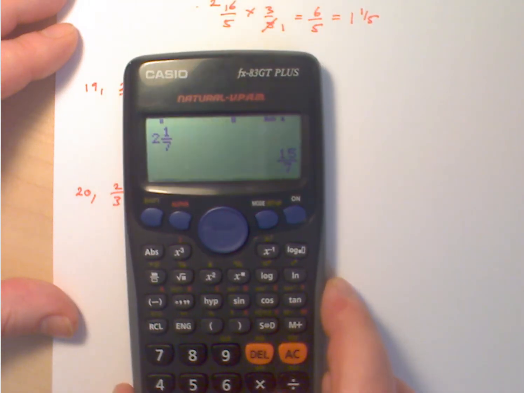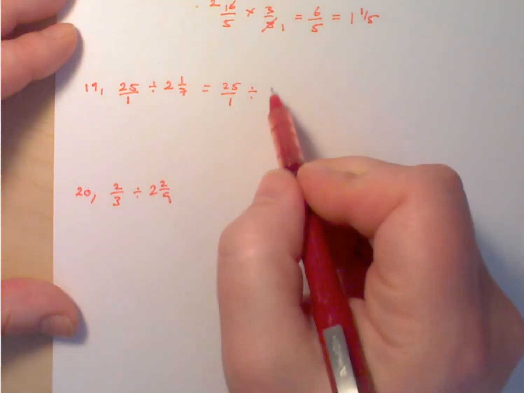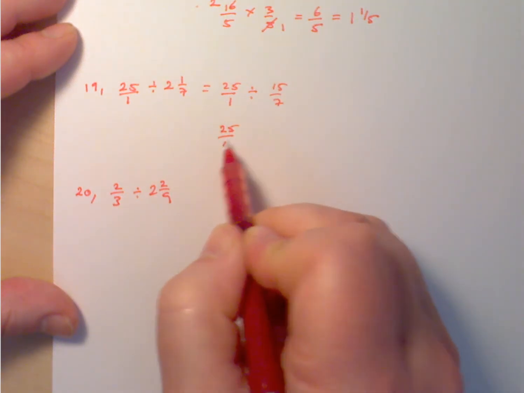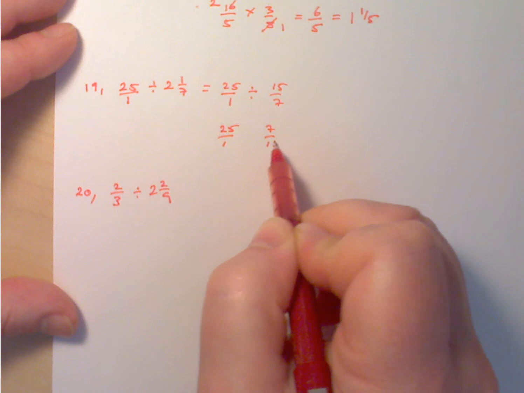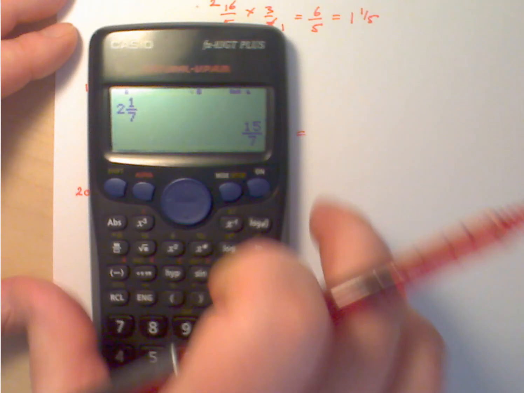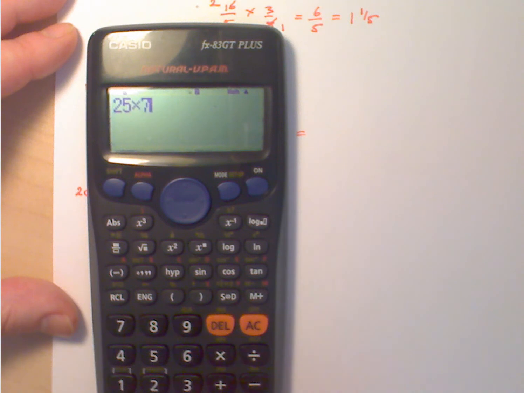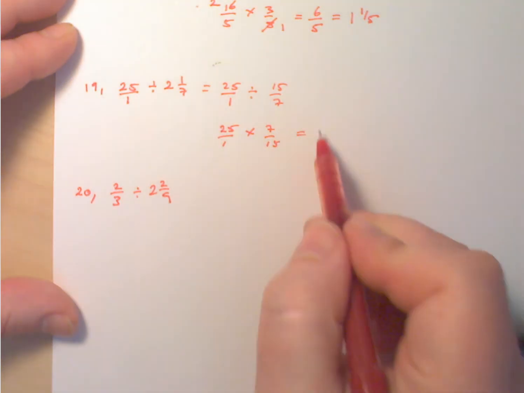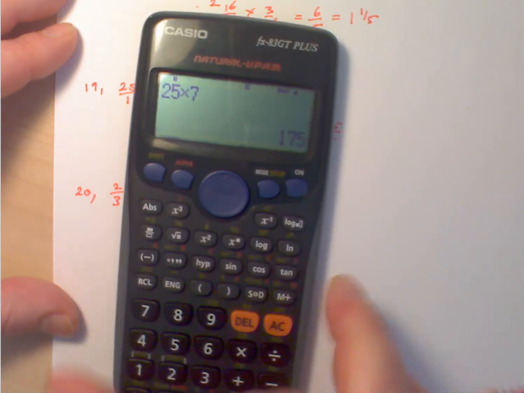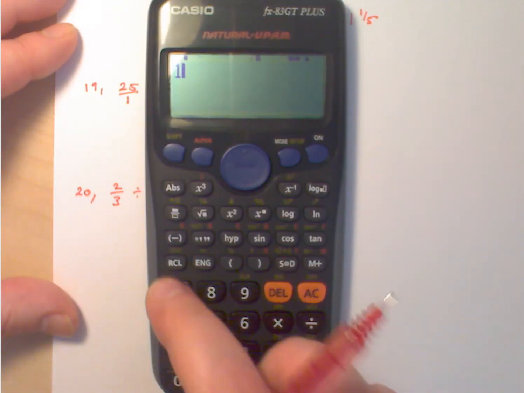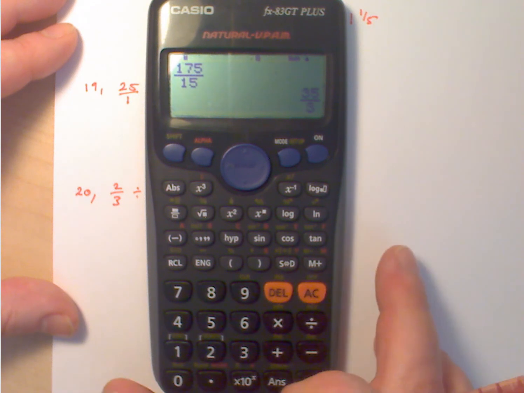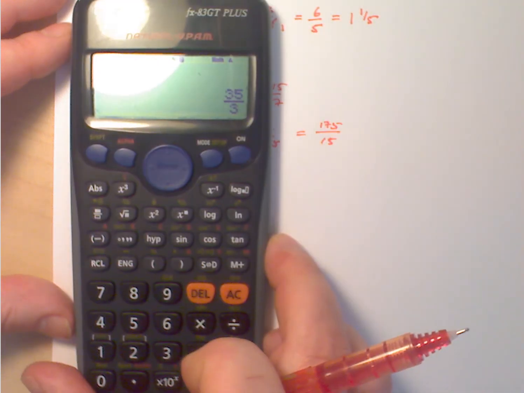I'm going to stick, flip, and multiply. I'm going to multiply the tops. 25 times 7, I'm going to use a calculator for that. Gives me 175. 1 times 15 is 15. And then 175 over 15 is equal to, and it gives me 35 over 3.